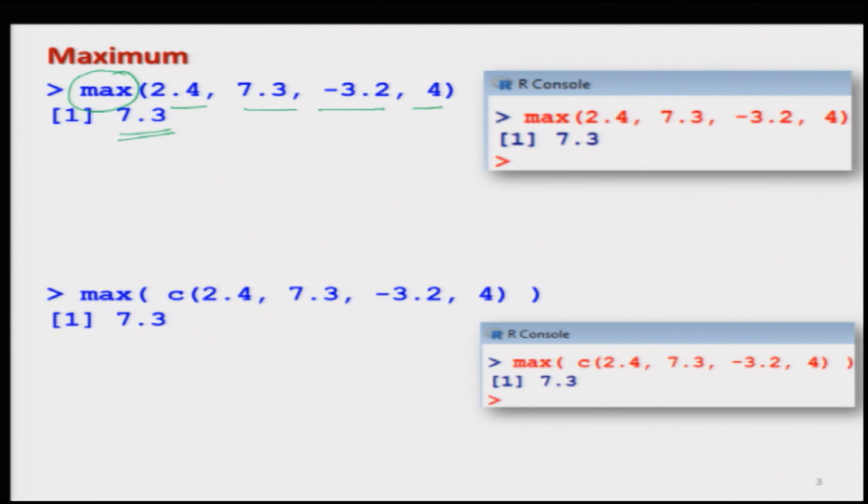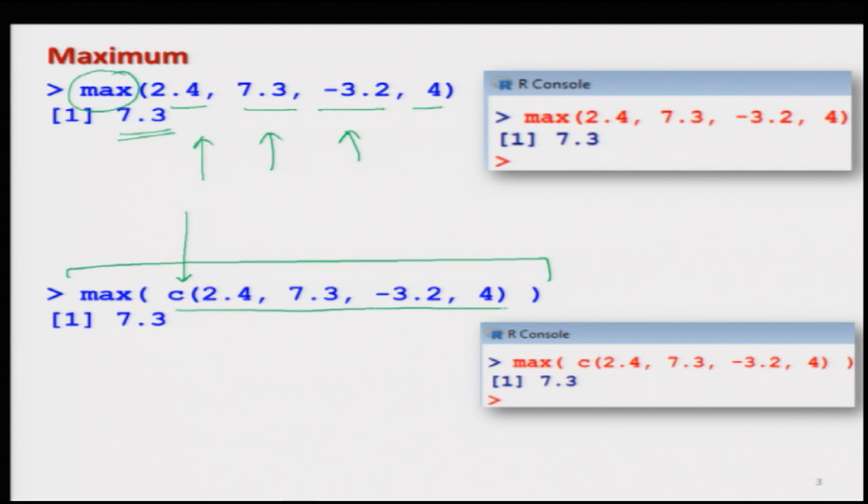Here I would like to have your attention. Now if you look here, I am using the same function, but the difference is this: here I am using the command C, whereas here I am not using the command C. But if I give the values inside a data vector using the command C, I still get the maximum value, the same 7.3.